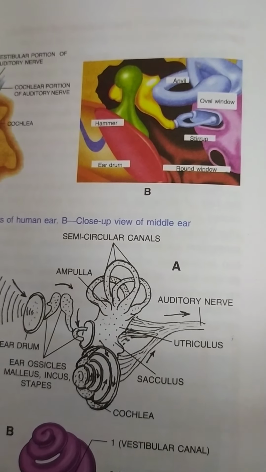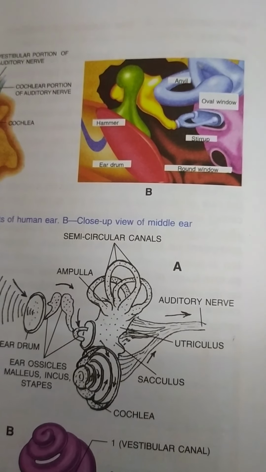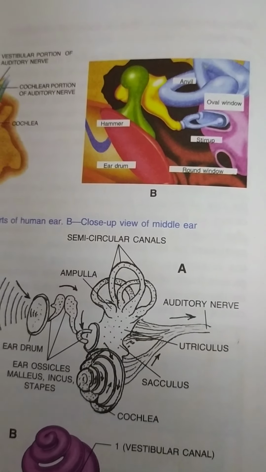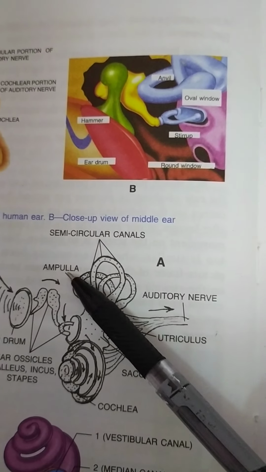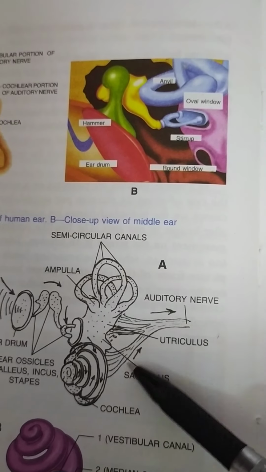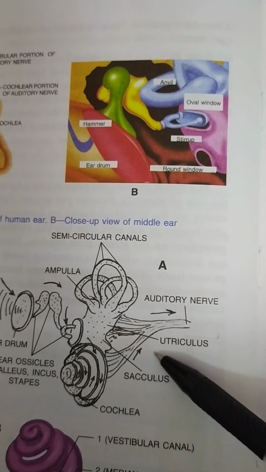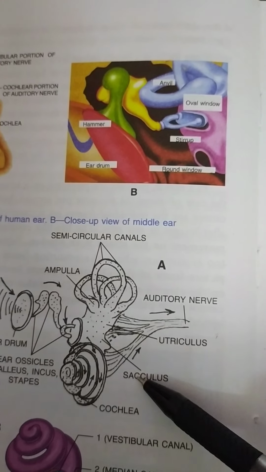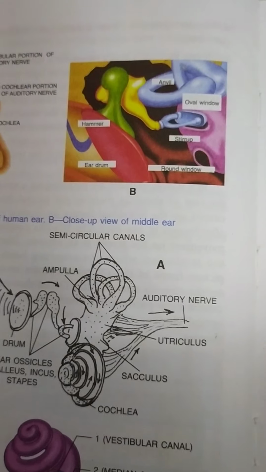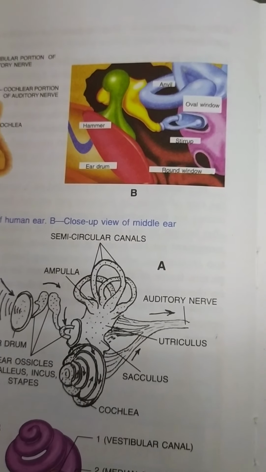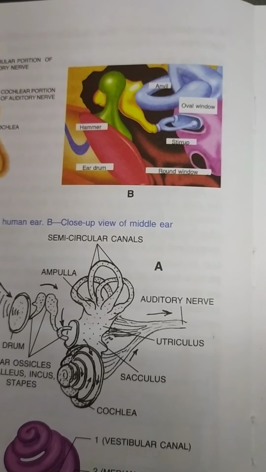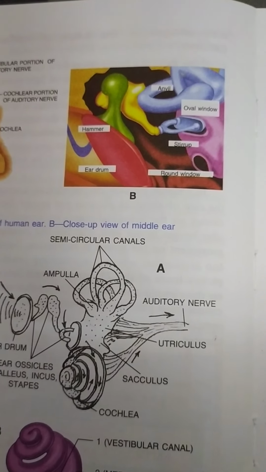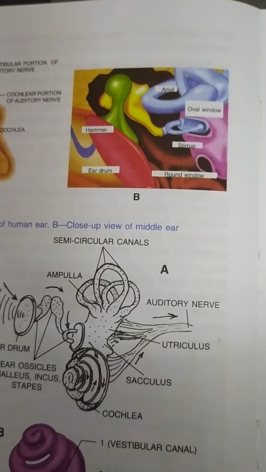So the ampulla contains sensory cells responsible for dynamic balance, and the utriculus and sacculus are responsible for static balance. As you know, the internal ear is involved in two sensory functions: one is hearing and another one is body balance.